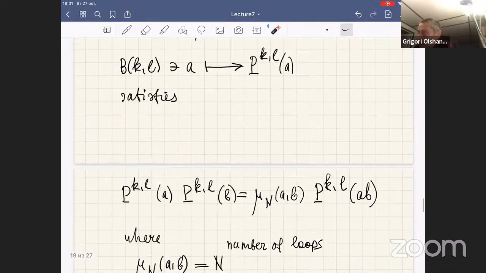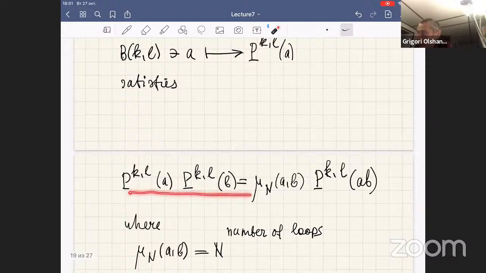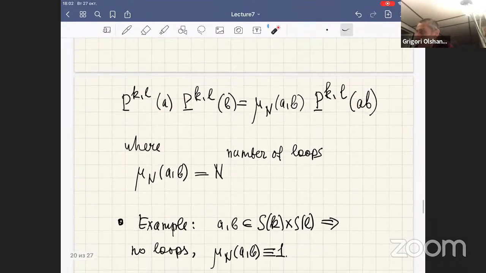It satisfies the condition, meaning that it is a projective representation with exactly this cocycle, this one. Okay, this needs some verification.